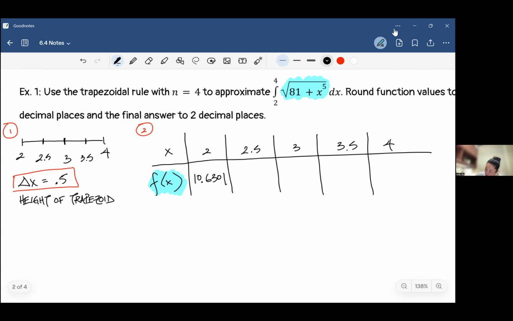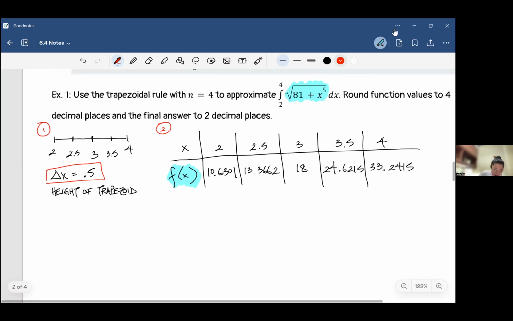All right, I plugged in 2.5, I got 13.3662. I plugged in 3 and I got 18. I plugged in 3.5 and I got 24.6215. And I plugged in 4 and I got 33.2415. Okay.